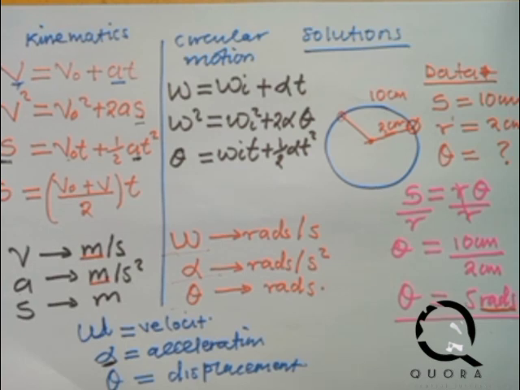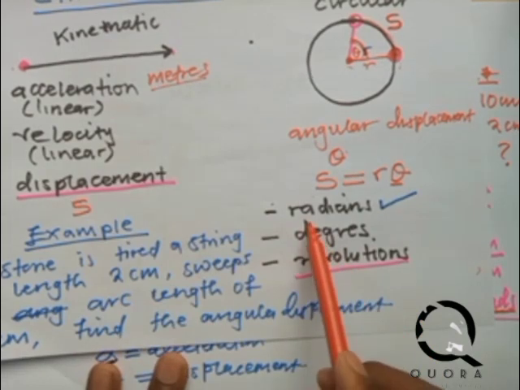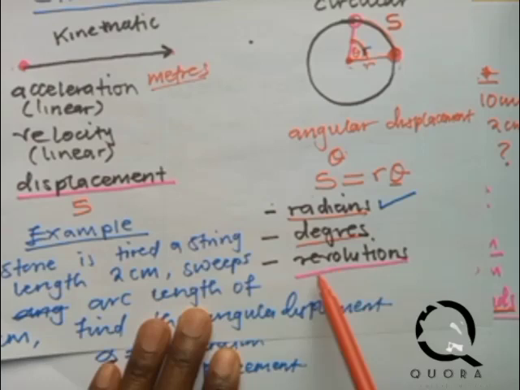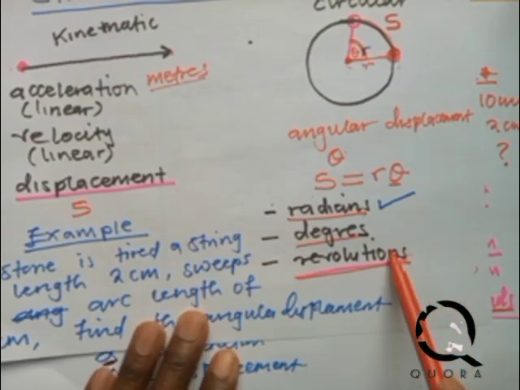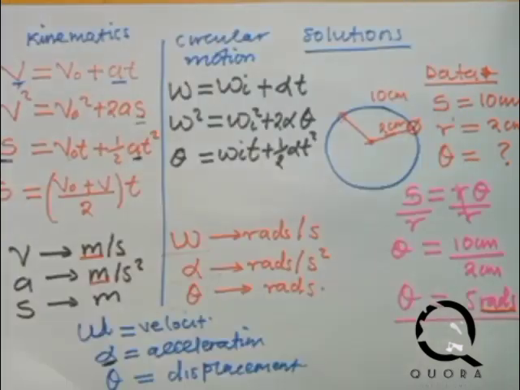Remember, angular displacement can be measured in radians, degrees, and revolutions. Since we are talking about angular velocity, it has to be measured in rads per second, degrees per second, or revolutions per second.